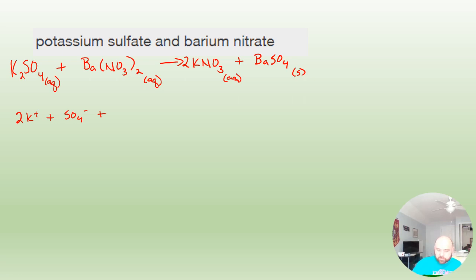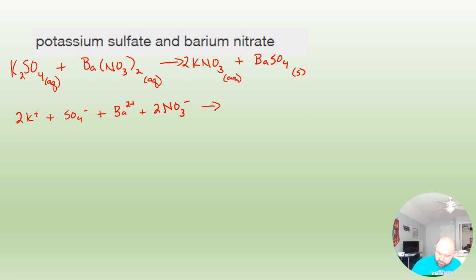Barium nitrate will dissolve into barium 2 plus ions, and there are 2 nitrate ions, 2 NO3 minus ions, in 1 barium nitrate formula unit. Then we put our arrow there.